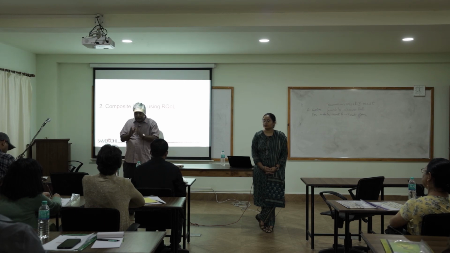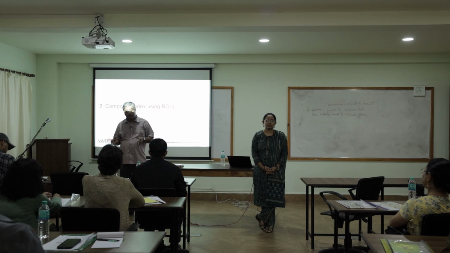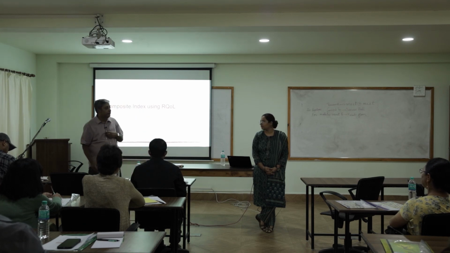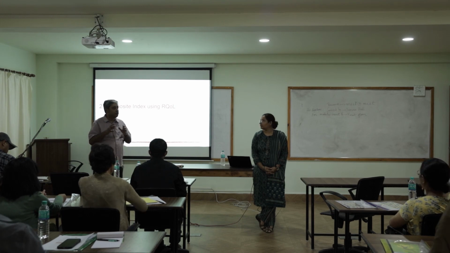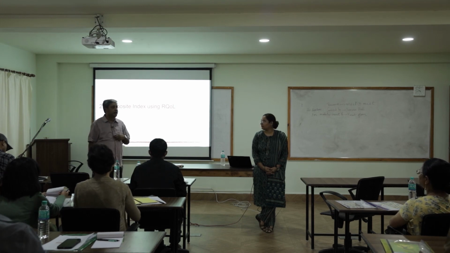We will tell you the technique to create a composite index, and we are going to rate districts based on that composite index, and that will be our output. That we are going to create our own composite, weighted index. Okay, these are going to be the 2 major outputs which we are going to be creating tomorrow.